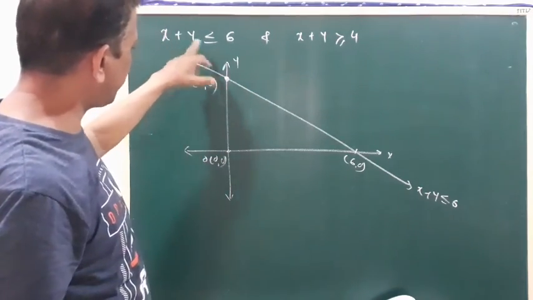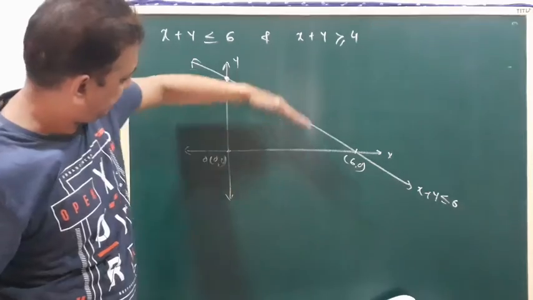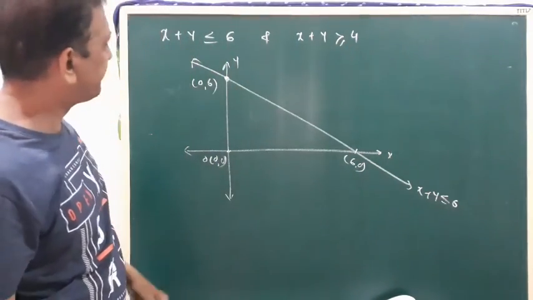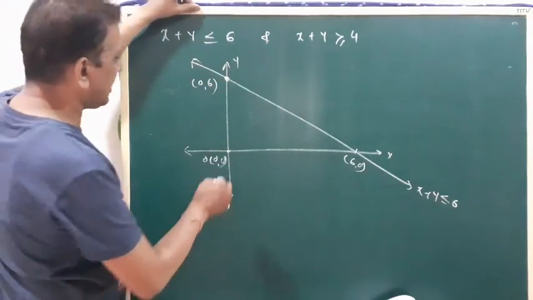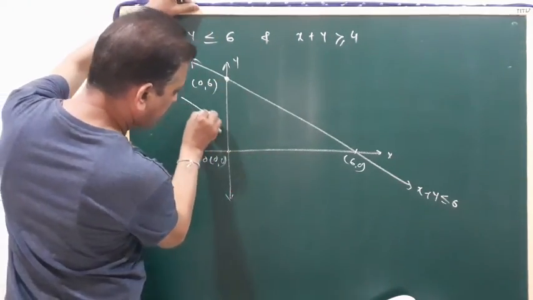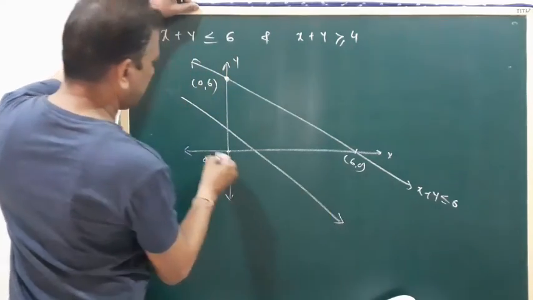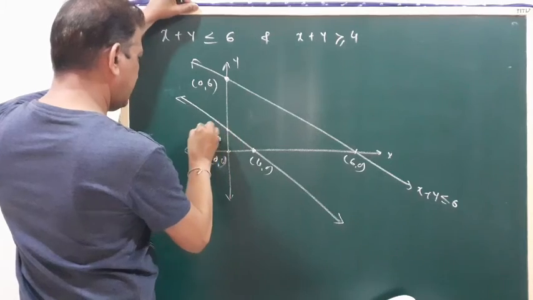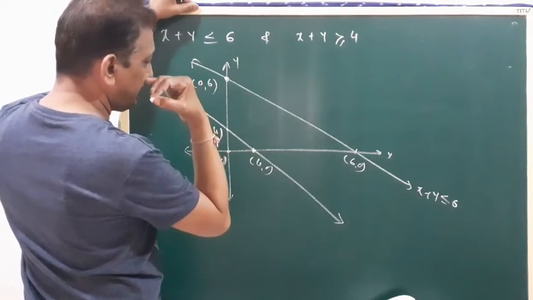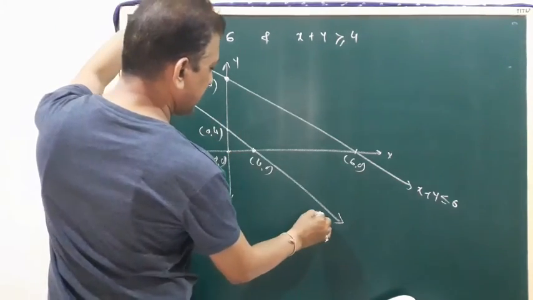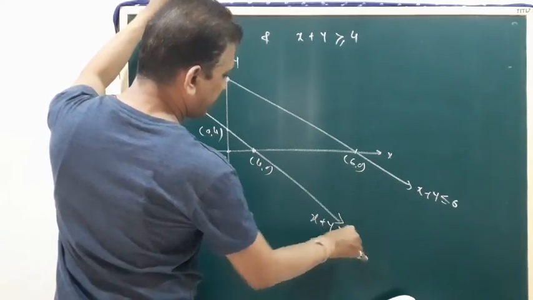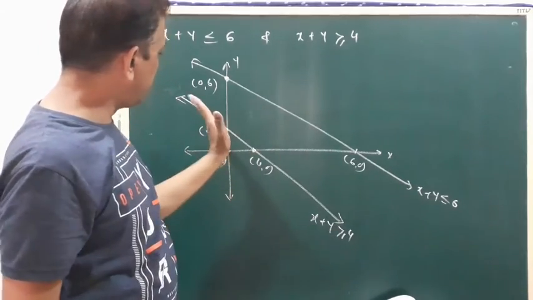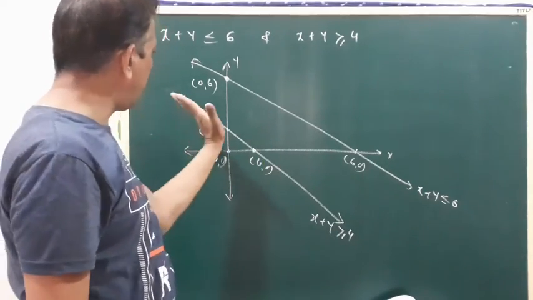Put 0, 0 here, satisfied. So the lower part of this line, this portion is included. Now x plus y, parallel line. 4, 0 and 0, 4. Okay, and here the line x plus y greater than or equal to 4. So 0, 0 is not satisfied. So lower part is not included, upper part is.